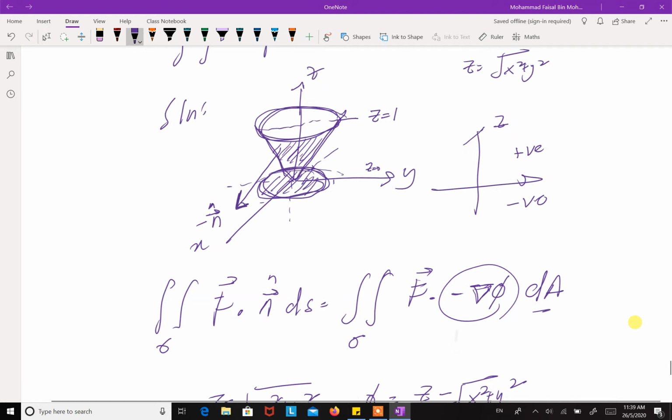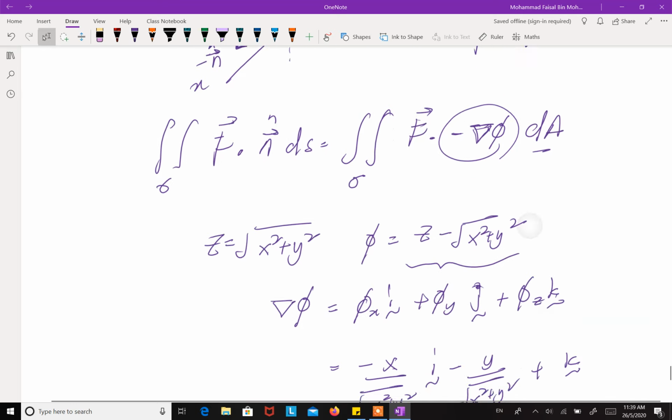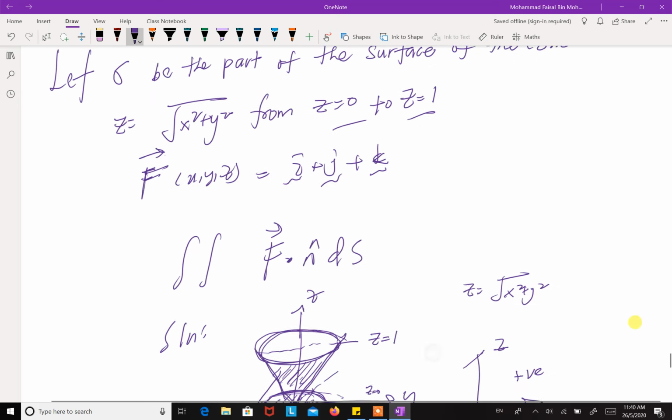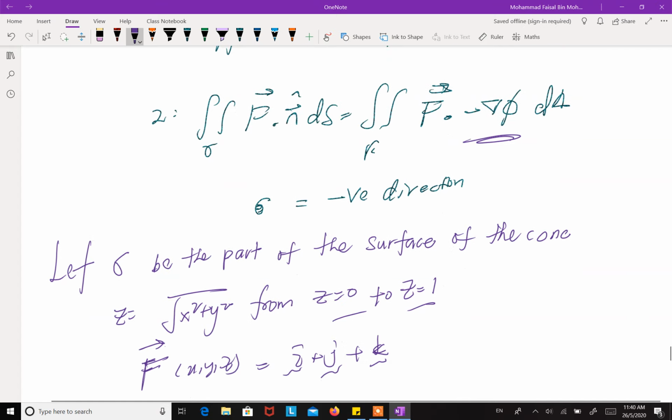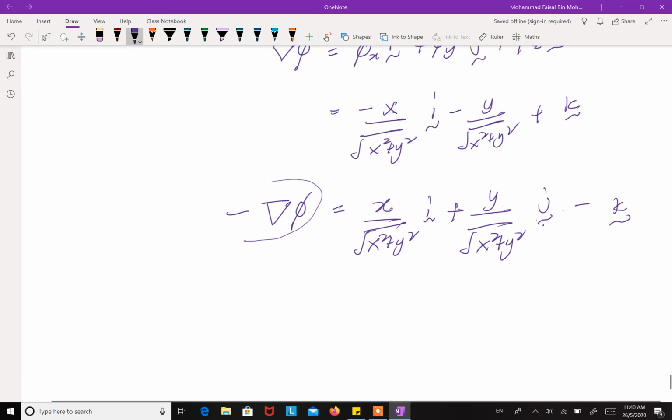So we already know that our region is on the XY plane. So we have to find the limits also, but before that we just find the negative gradient phi, and then we take the dot with F. So then we have to know what F is. Is F given? Yes, F is given.